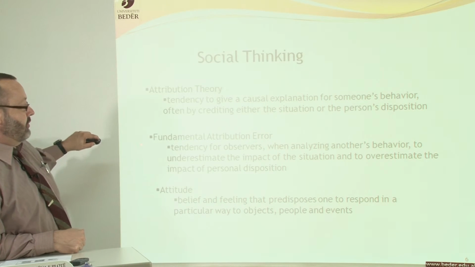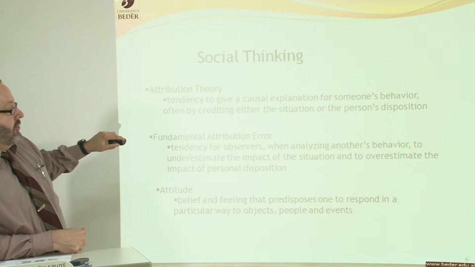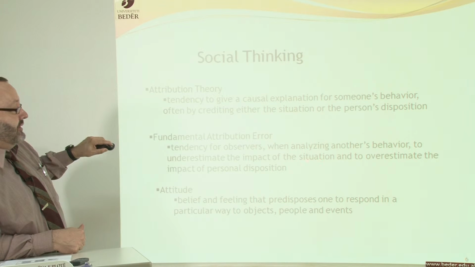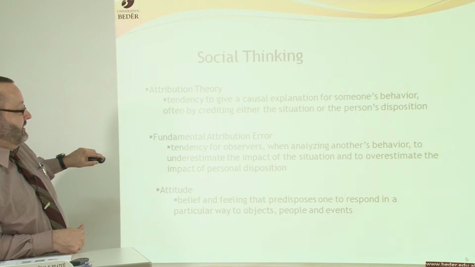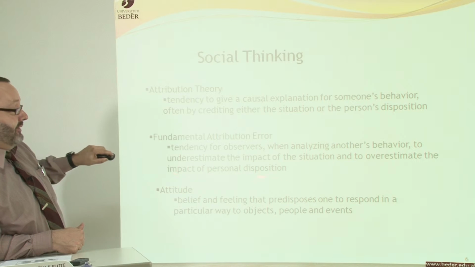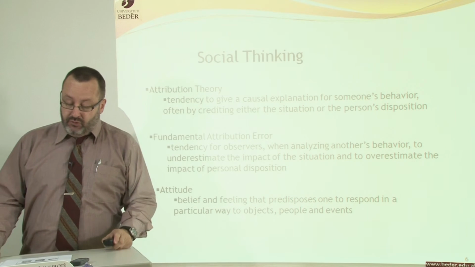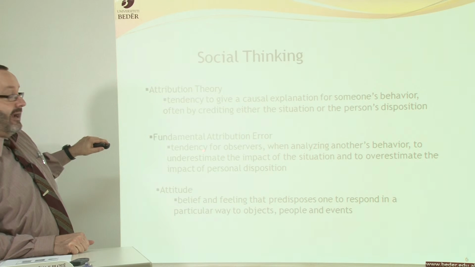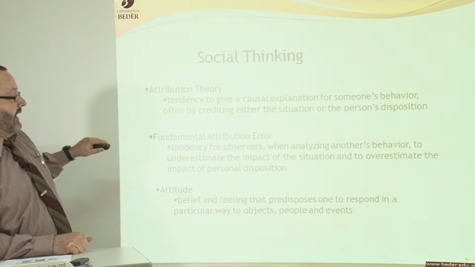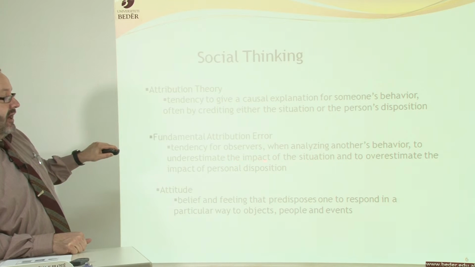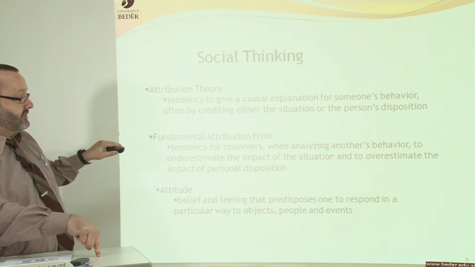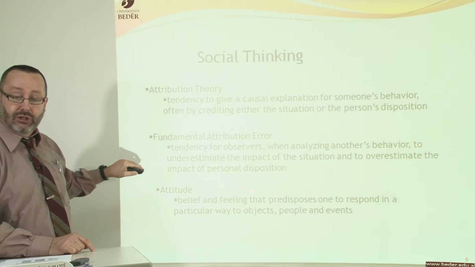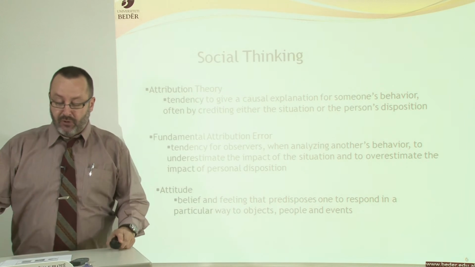Fundamental attribution error is the tendency for observers, when analyzing another's behavior, to underestimate the impact of the situation and to overestimate the impact of personal disposition. So what is being said here is when I think about why people do things, I underestimate the impact of the situation at the moment, and I overestimate their personality, their own personal beliefs, as explaining their behavior.